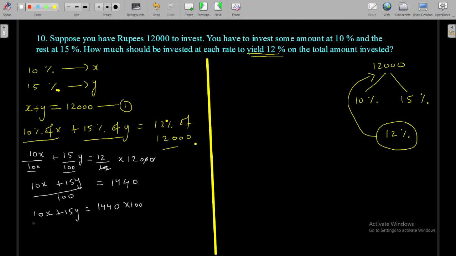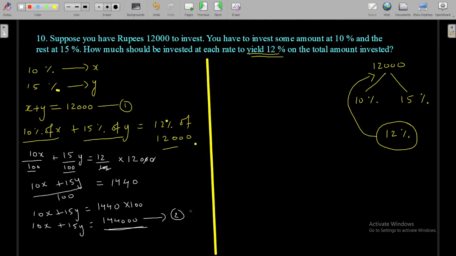So that is nothing but 10x plus 15y is equal to 144,000. This is our second equation.